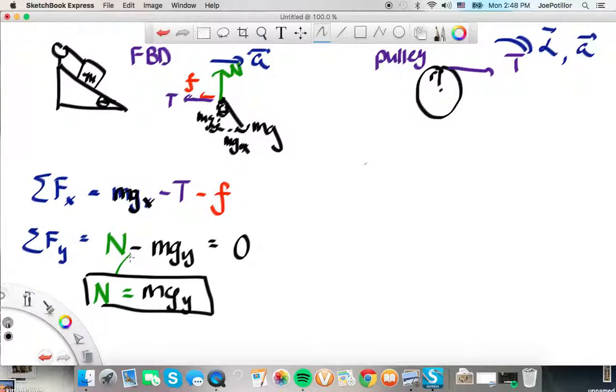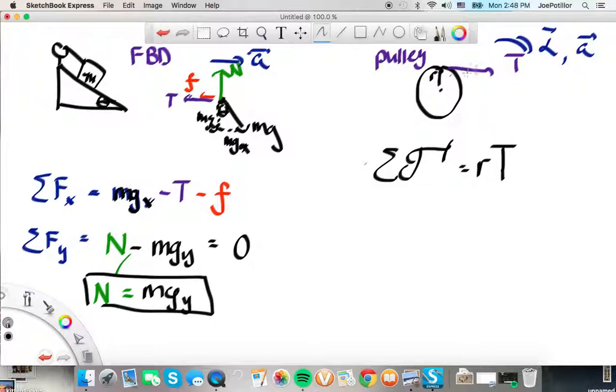And now we set up the sum of the torques equation. Well, in this situation, there's only one torque being caused by the tension, which is going to be R times T, like this.